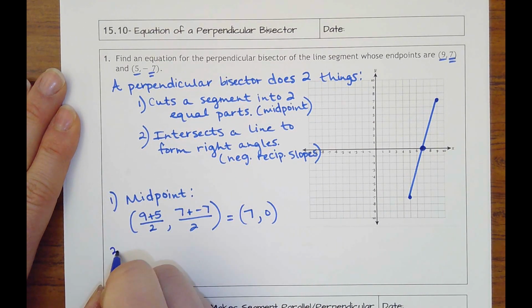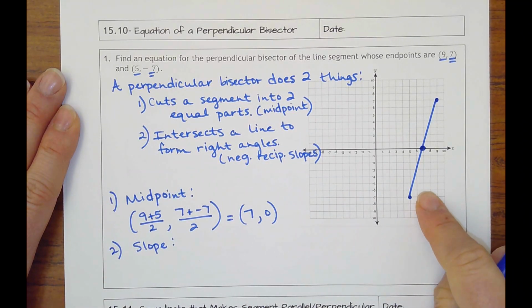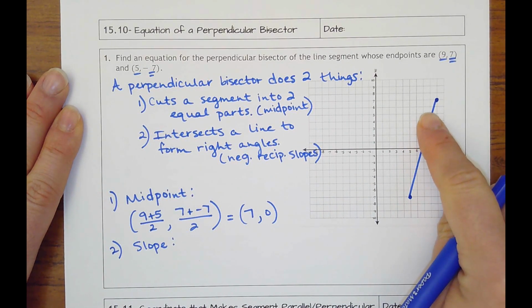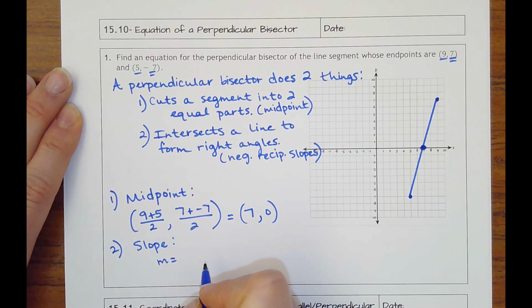Okay, step number 2, let's figure out the slope of our existing line. Of course, on this graph you could just count rise over run. But if you're doing it mathematically, remember the slope formula is m equals y2 minus y1 over x2 minus x1.